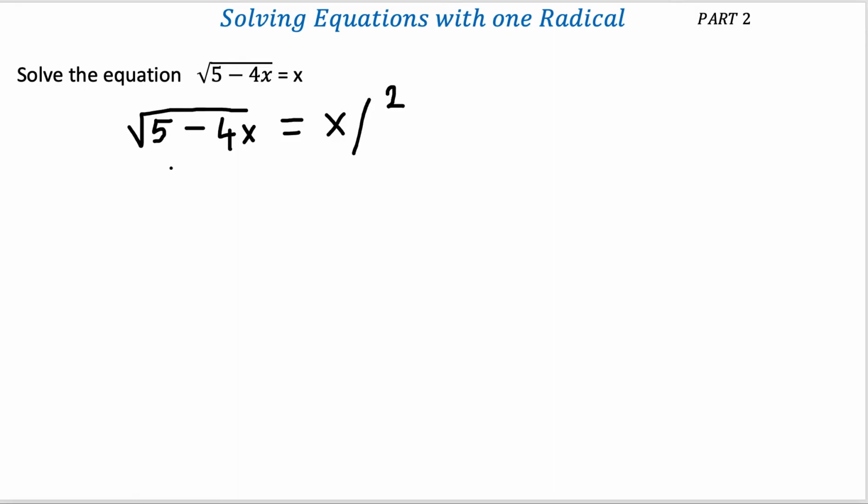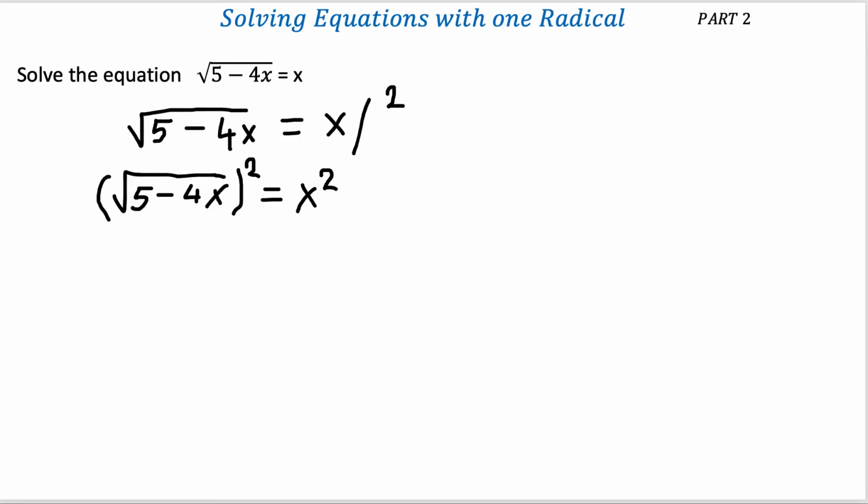If I'm squaring both sides, then this equation is going to look this way: 5 minus 4x, and here is a square, equal to x squared.